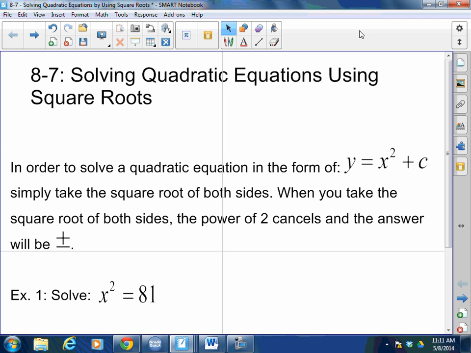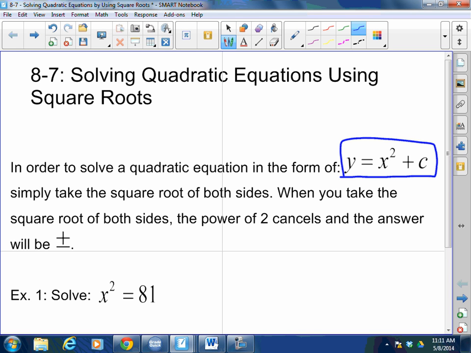Now, in order to solve quadratic equations in the form of y equals x squared plus c, notice that there is no b value here. There is no x value by itself. It's just an x squared, maybe a coefficient in front of the x, and a c, a real number.